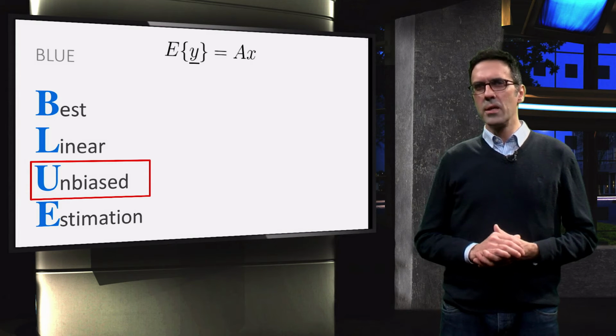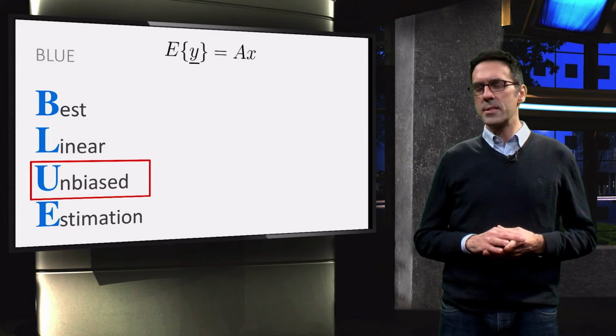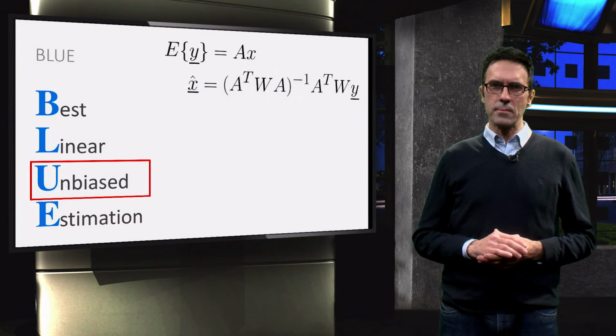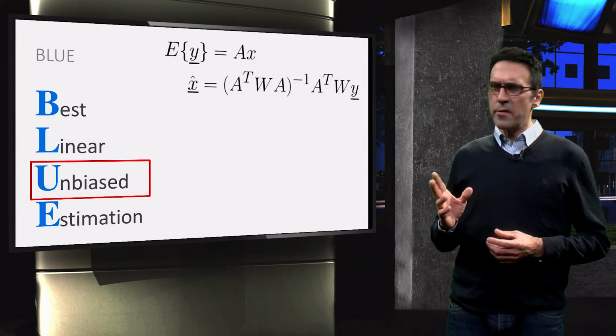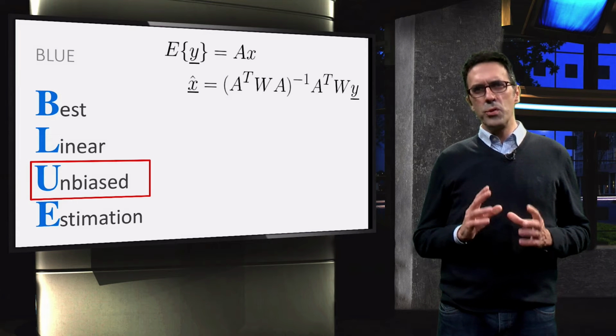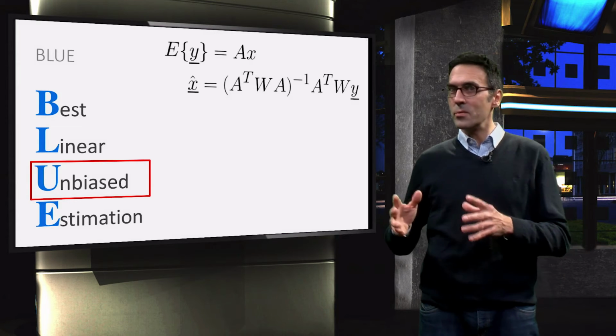Following this assumption, we can now verify whether the parameters we are estimating are unbiased. Let's take x hat as an example. If we now want to verify whether x hat is an unbiased estimator, we want to check whether the expectation of x hat is equal to the true but unknown value of x.